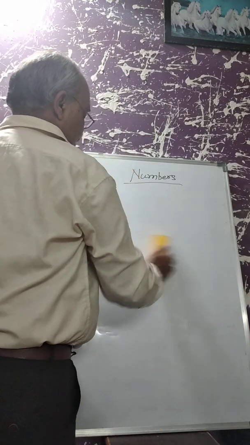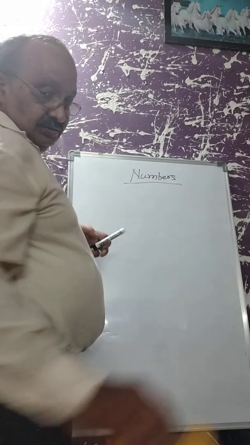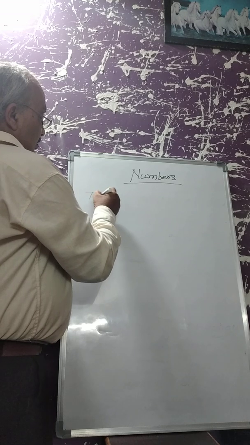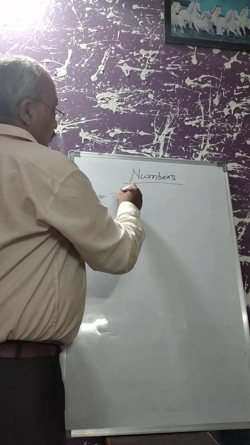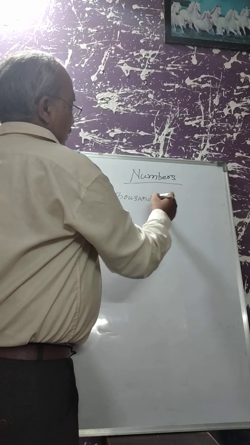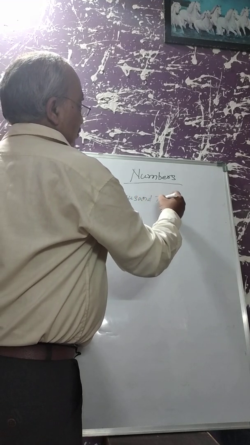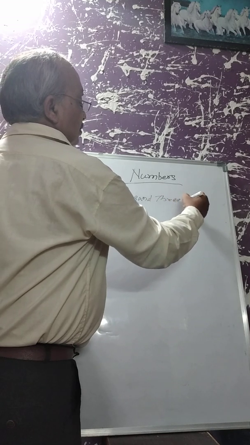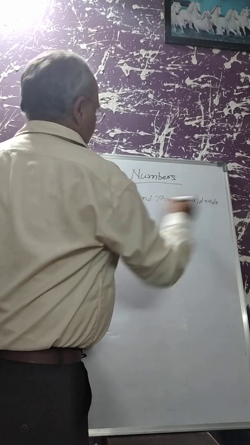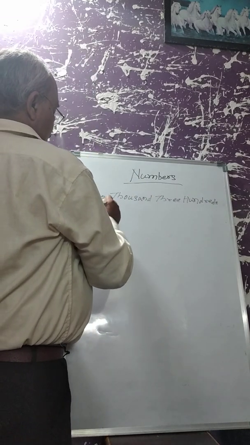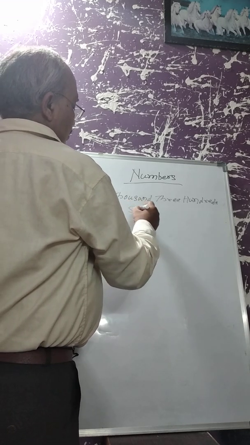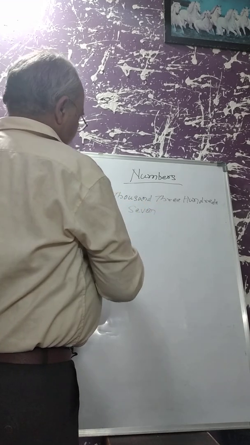One more example: 2,000 + 300 + 30 + 7. You have to find out the number.